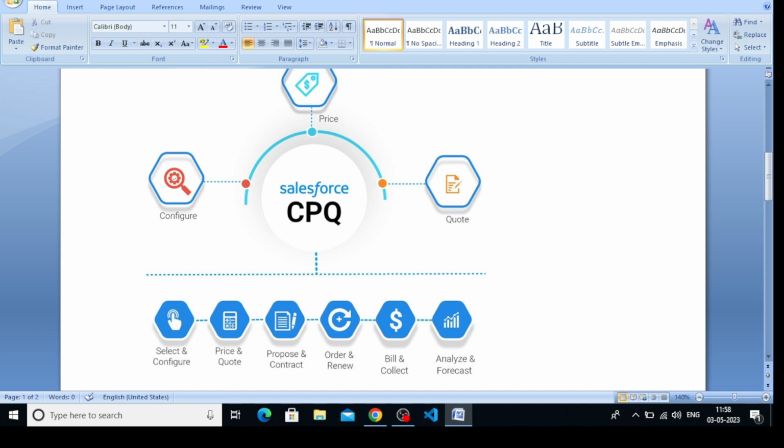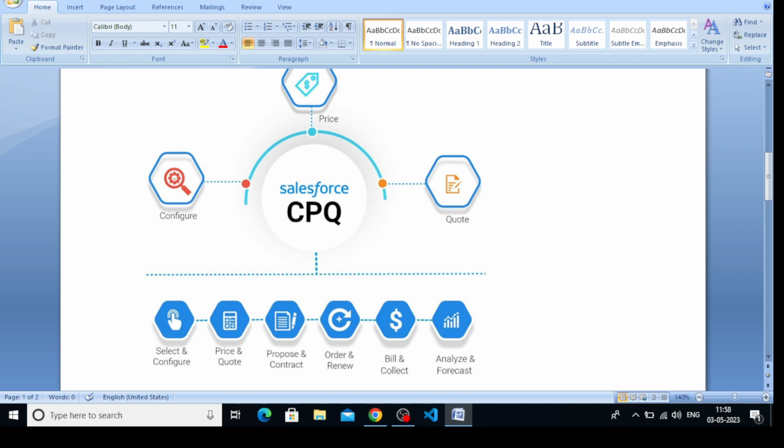The customer is a very negotiating person, saying he is a partner or a distributor. So the sales rep may not know what discount has to be given, so he sent this quotation for the approval process.